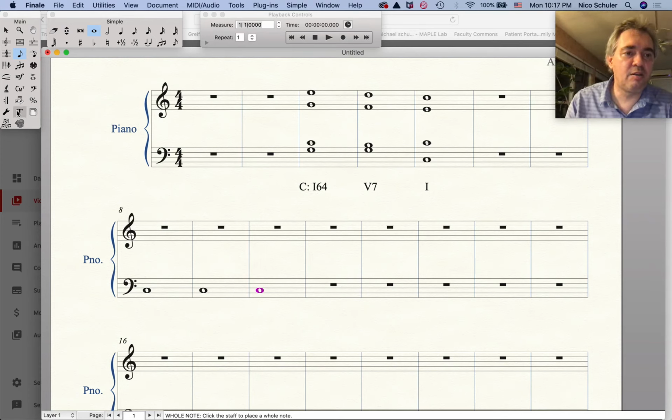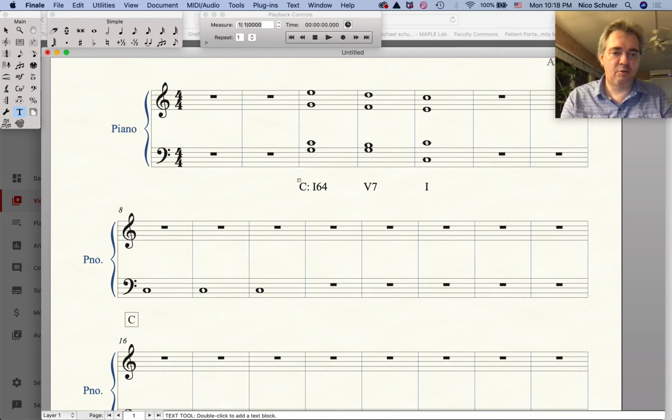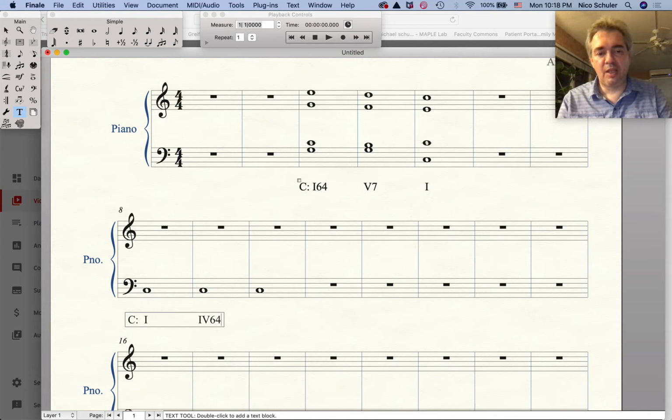Now if I'm in the key of C, then obviously the first one could be a 1. The second one for sure, because we know it's a second inversion triad, must be a 4 6/4. F major is the 4 chord in C, so F A C. So if the C is in the bass, and it's 4 6/4, and this could go to, let's say, 6 6.